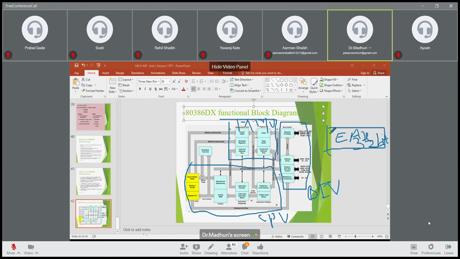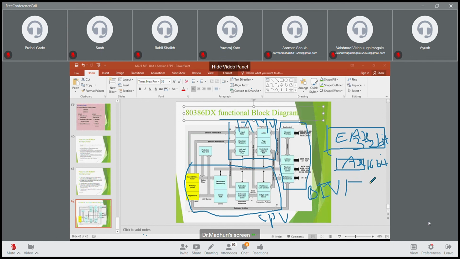So EAX here is a 32 bit register. Now in EAX, this part is my AX register. This AX register is 16 bit. Guys, please understand this, because whenever you do programming you should know all this concept. Now this is the 16 bit register.